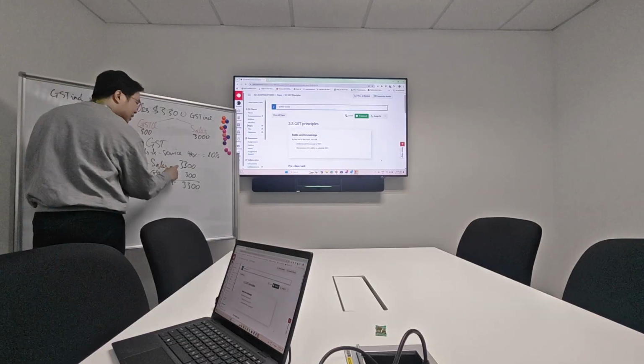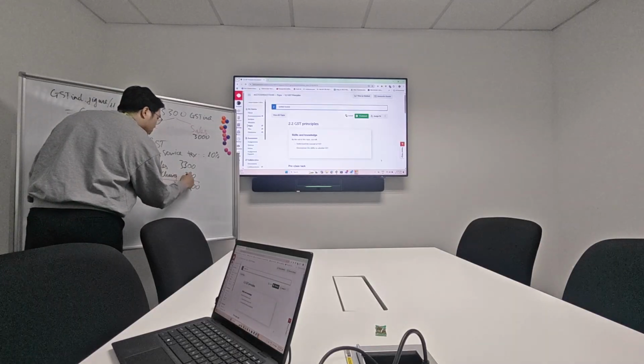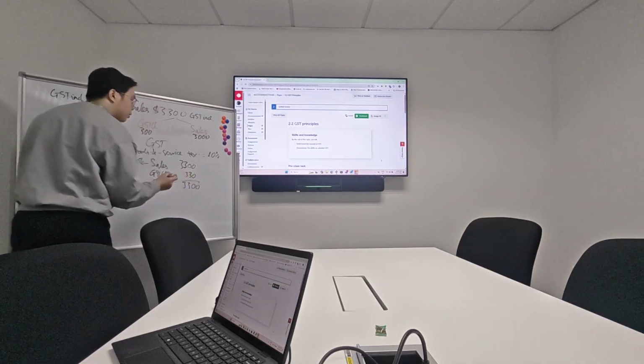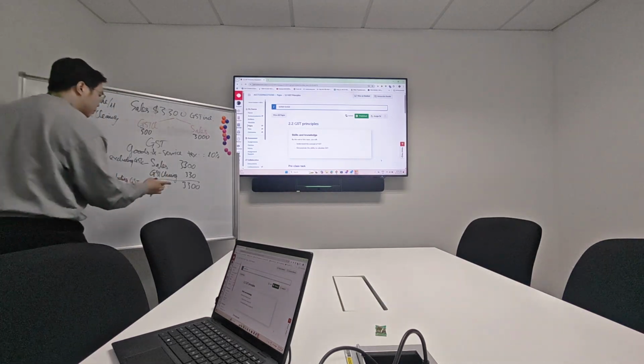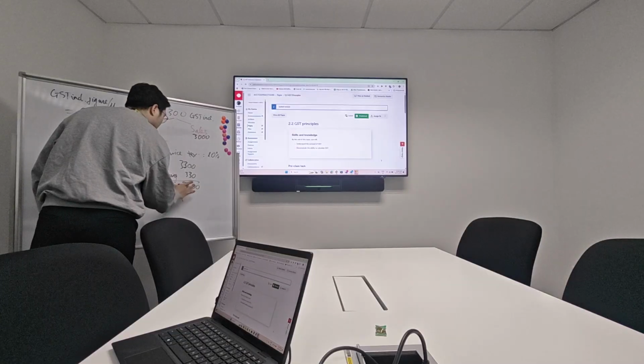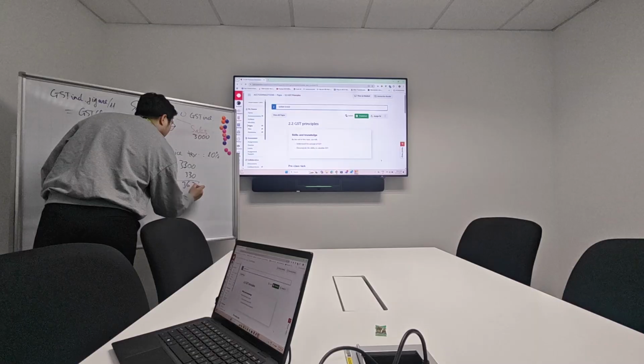So the GST on top of 3,300 would be 330. And therefore, the total expected cash coming from the customer is not like this. It's 3,630.